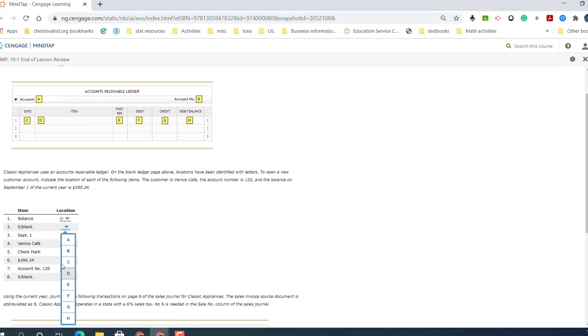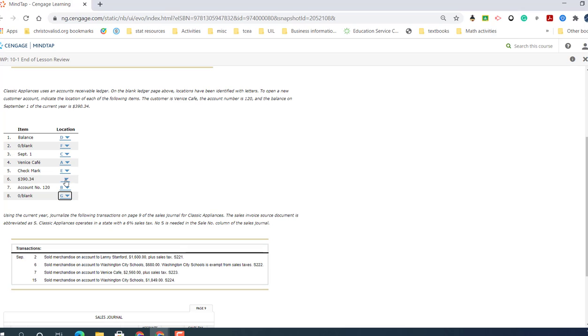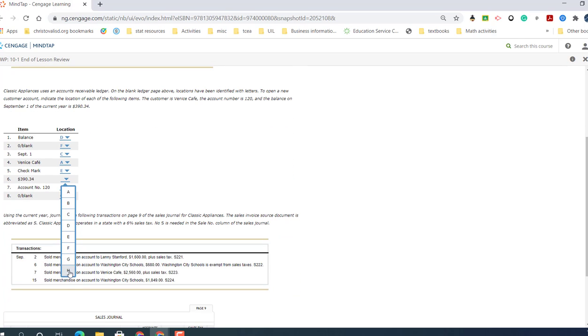Actually, give me a check mark. The debit number is going to be blank. G is going to be the other blank. I don't know if it matters which one you put as which; I did not test it either way. And then our debit balance is going to be that total amount that we pulled over, and that's going to be column spot H.